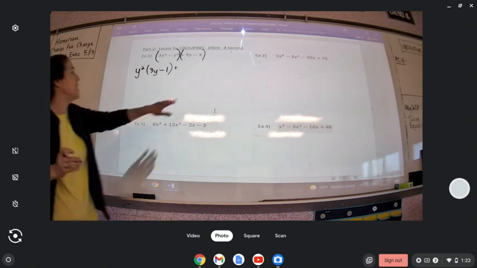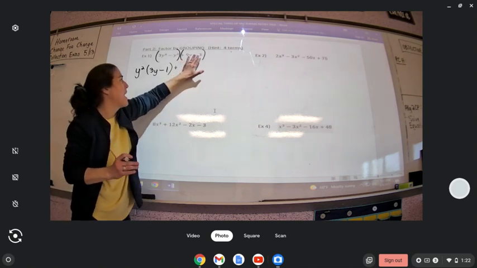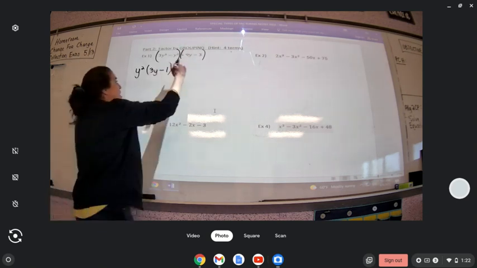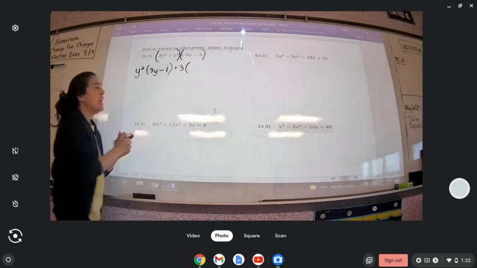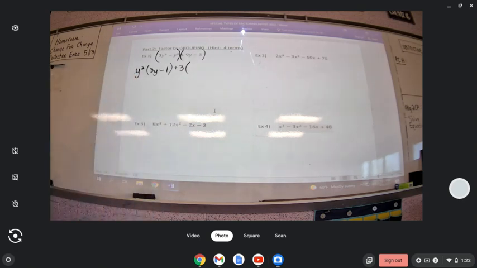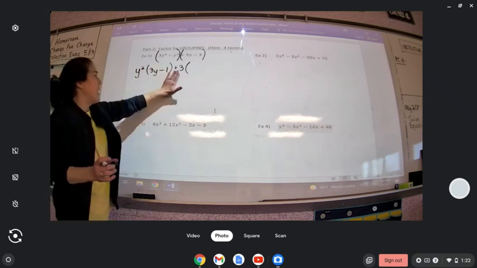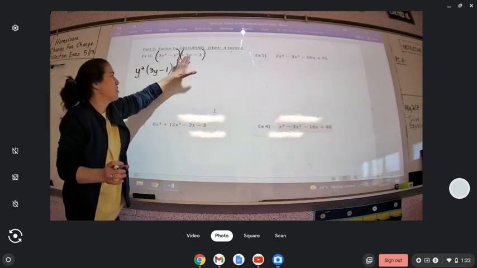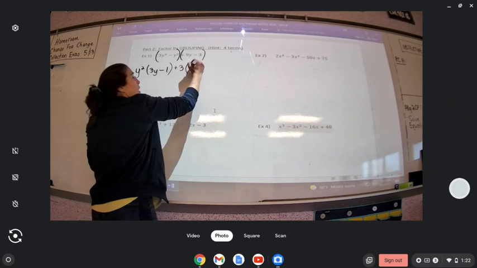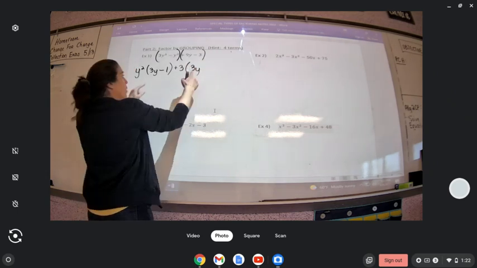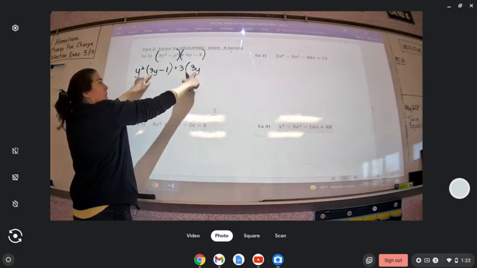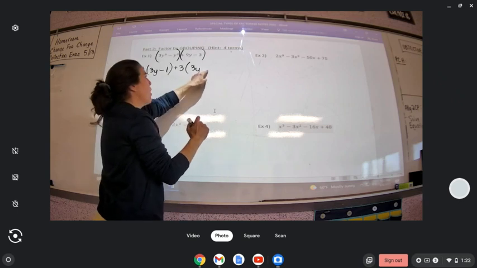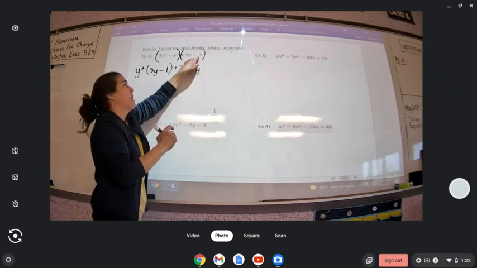Now I want you to find what's the GCF of a 9y and a 3. A 3. So we're taking out a positive 3. If you take out a positive 3, what's left? And this is where the magic should happen. 3 times what gets you back to a 9y? A 3y. Right, 3 times what gets you back to a negative 3?